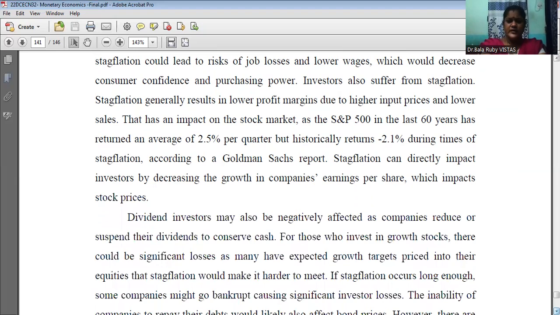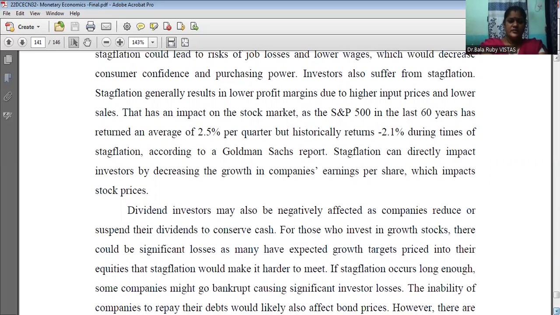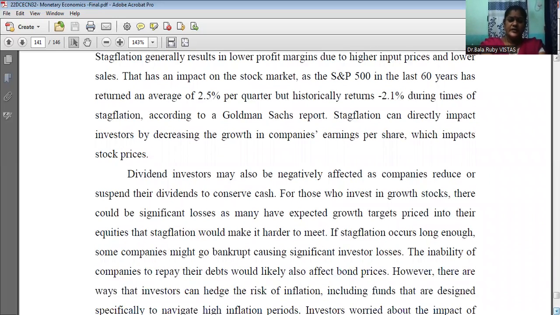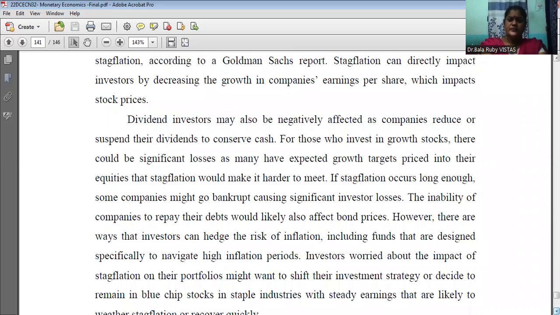According to a Goldman Sachs report, stagflation can directly impact investors by decreasing the growth in companies' earnings per share, which impacts stock prices. Dividend investors may also be negatively affected as companies reduce or suspend their dividends to conserve cash.